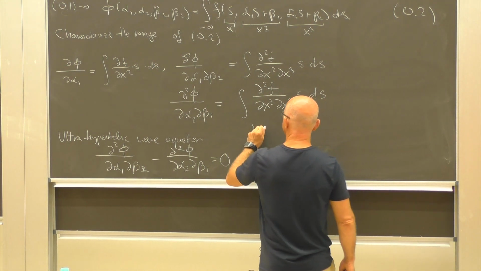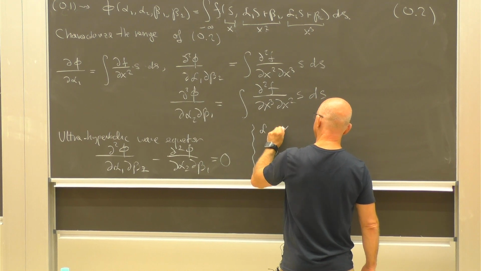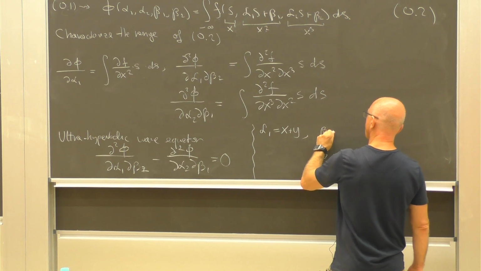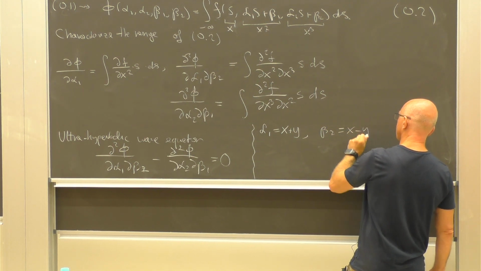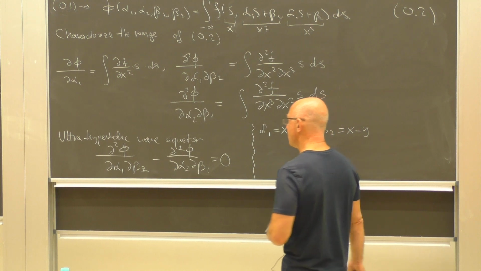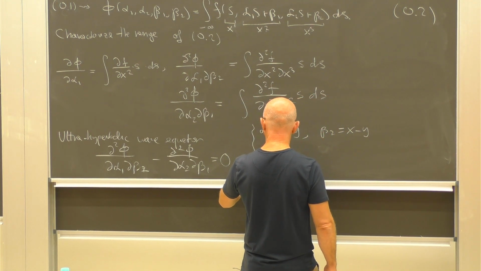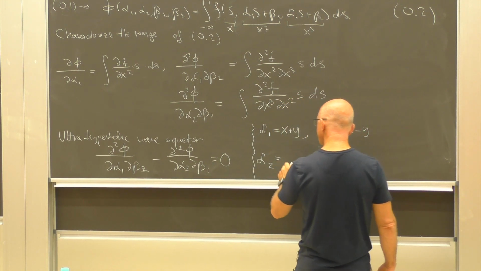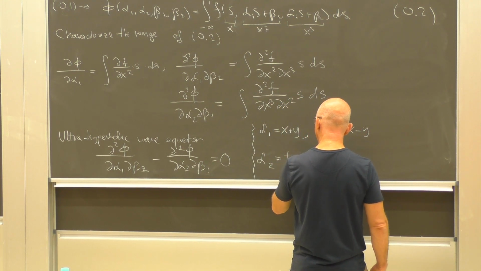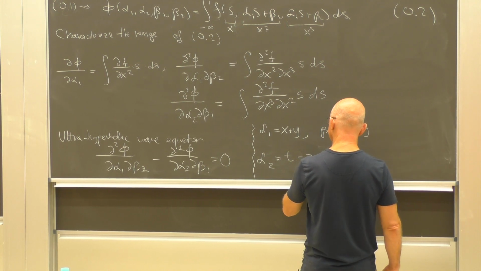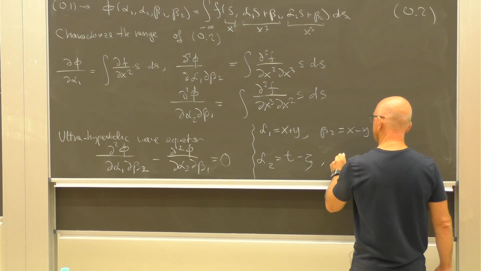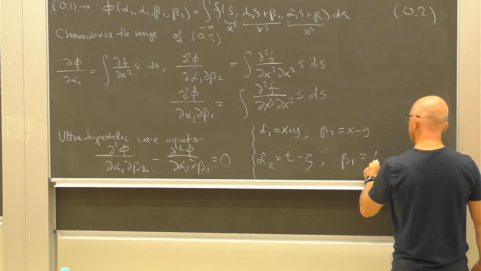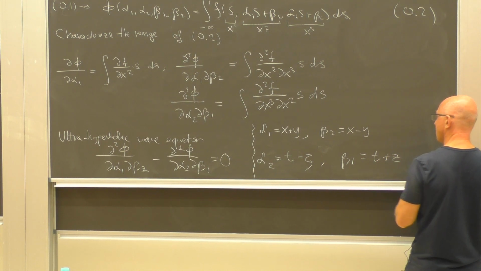We could say that alpha 1 is x plus y, and then we'd like to say that beta 2 is x minus y. It was renamed variables. And then alpha 2 will be t minus zeta, and beta 1 will be t plus zeta.